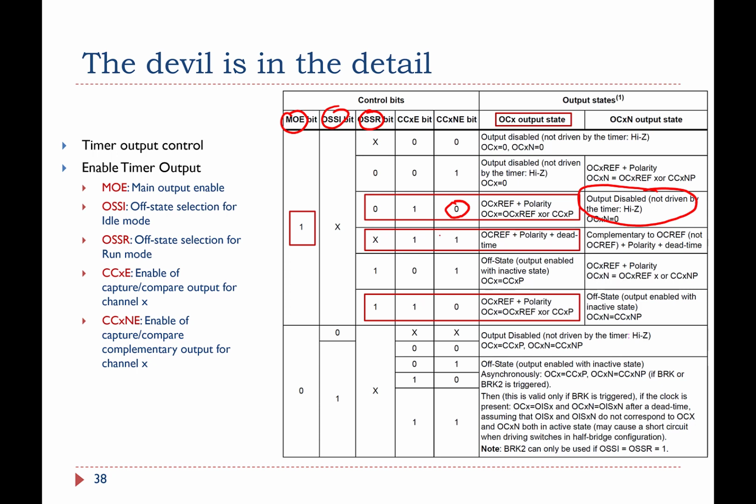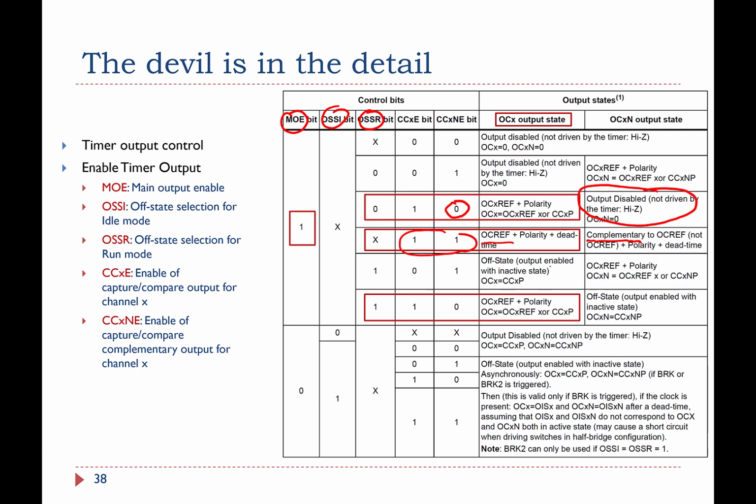So here you can see when both bits are on, you can get both the regular output state and then the complementary output state. So notice it says OCREF and the complementary to OCREF. One thing that I think is sort of confusing is some of the things you look at right here.